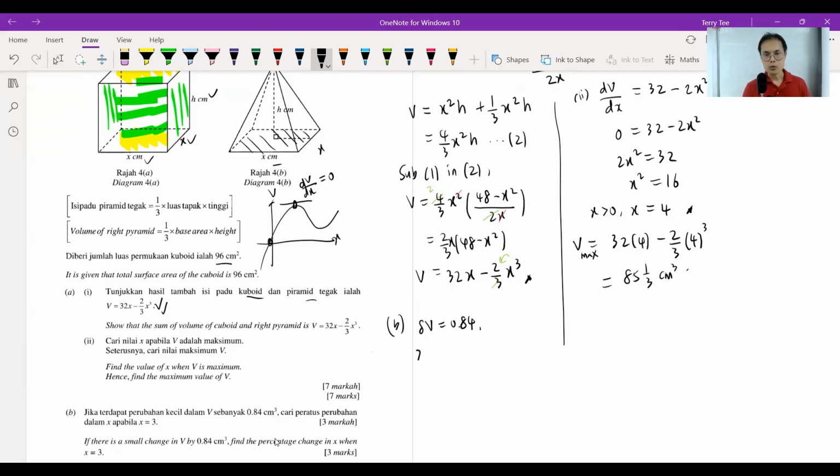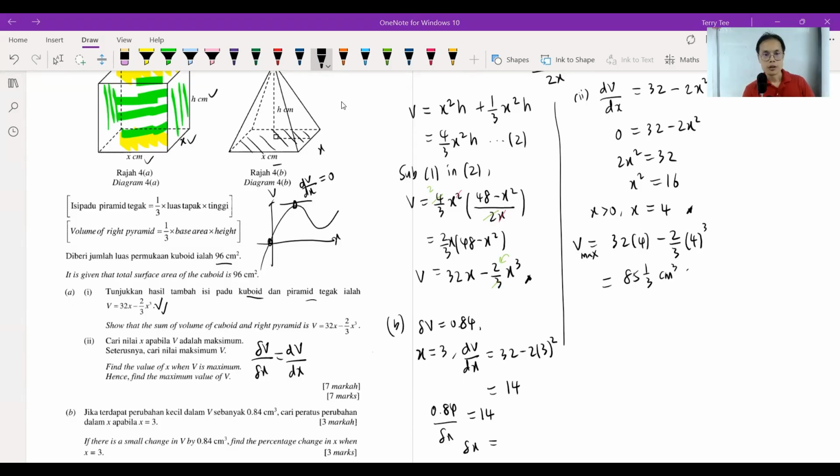Well, we need to know what your dV/dx is first. When x is 3, your dV/dx will be 32 minus 2 times 3 squared. 3 squared is 9, 2 times 9 is 18, 32 minus 18 is 14. Remember, the formula is delta V over delta x is dV/dx. I don't know what my delta x is, I know my dV/dx is 14. So use your calculator, take 0.84.